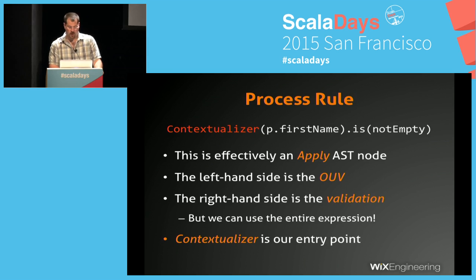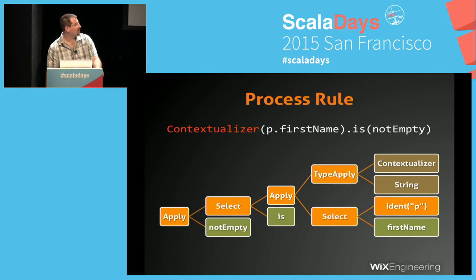If we break this down into the actual abstract syntax tree that we're going to see resulting from the compilation, it's going to look something like this. On that right side, I'm using type apply because contextualizer also takes in a type parameter. So it's contextualizer of string. The middle apply node is the constructor call for contextualizer.